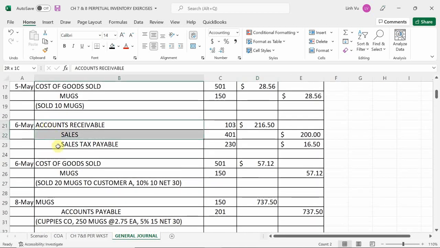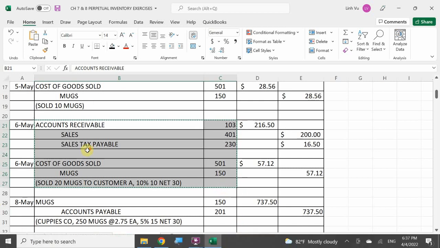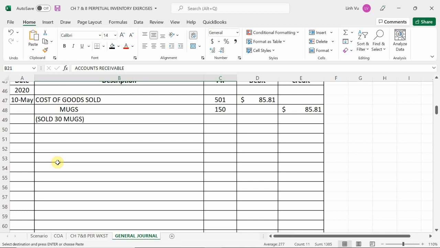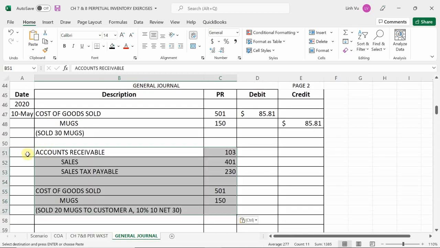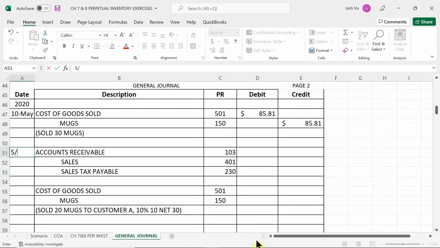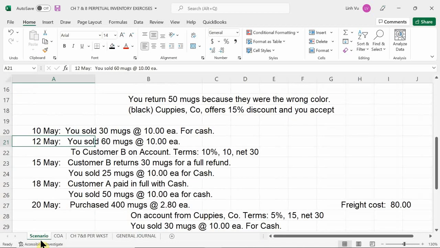So here, accounts receivable. For May 12th. But this time, we end up selling 60 mugs for $10 each to customer B on an account.